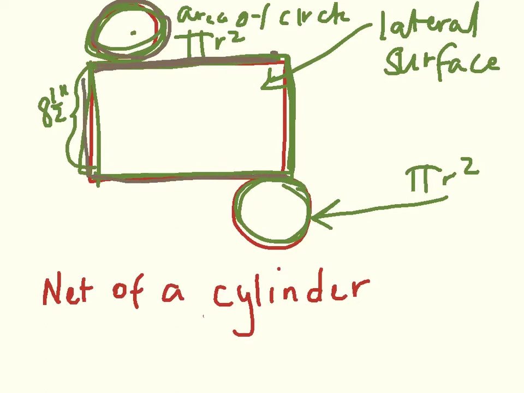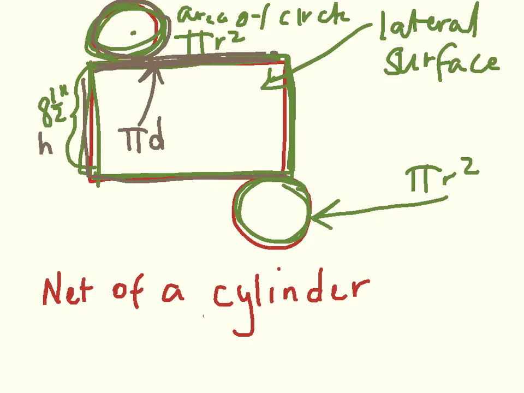That lateral surface wraps around the circle, so this side of the rectangle is equal to the circumference of a circle, which is pi times diameter. And this 8.5 inches over here is the height. So I have one side that's pi times diameter, and one side that's height.